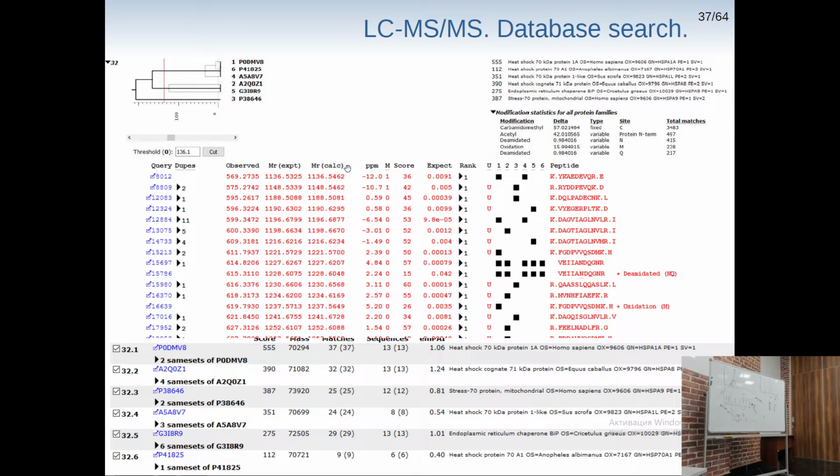So, as you can see, even if you got already search results, you have to interpret them, and it's your responsibility to get those results right. The program will only be able to say the similarity, and then the actual identification is what you have to do by yourself.